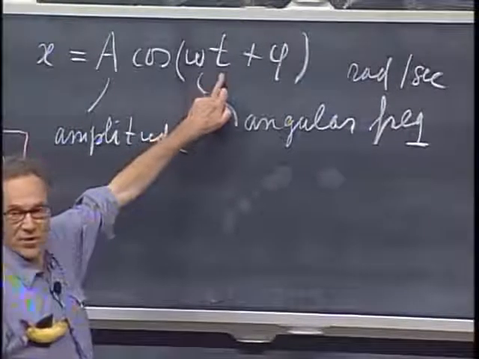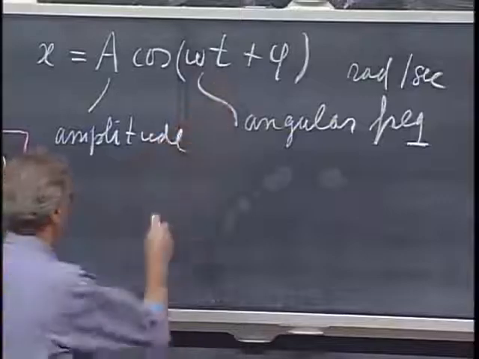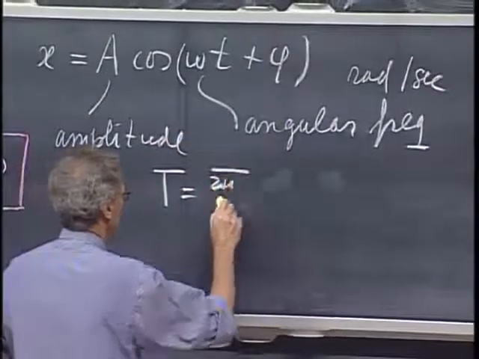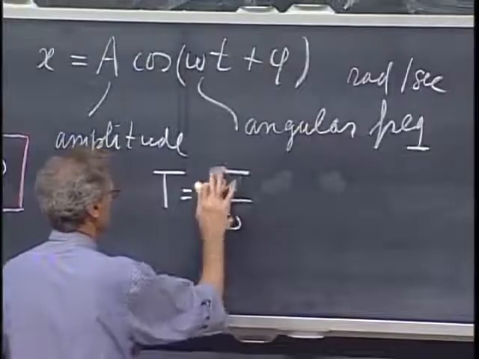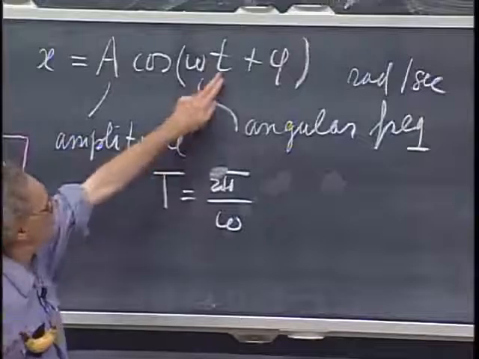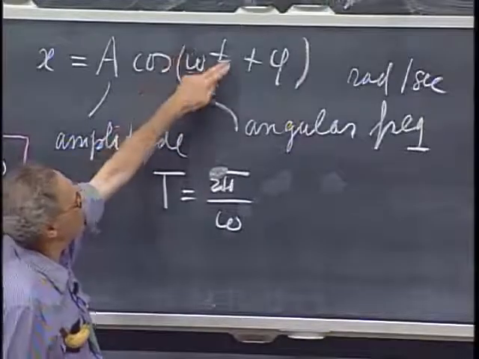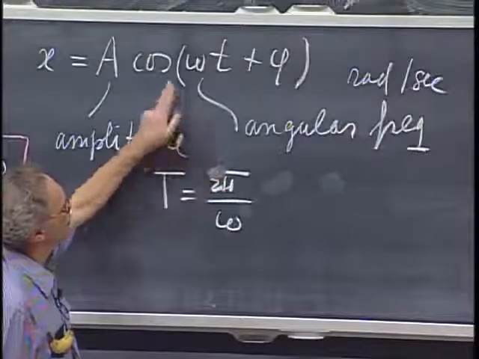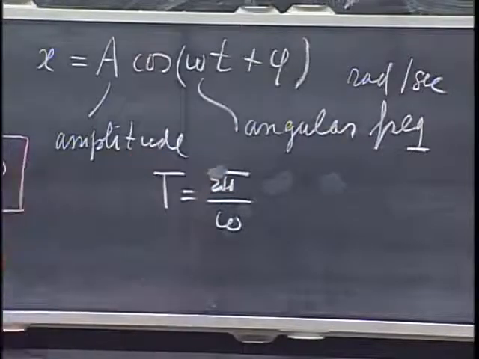If I advance this time, little t, by 2 pi divided by omega, then this angle here increases by 2 pi radians, which is 360 degrees, and so that's the time that it takes for the oscillation to repeat itself.